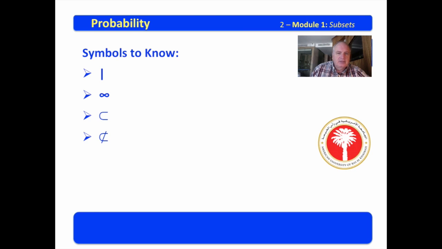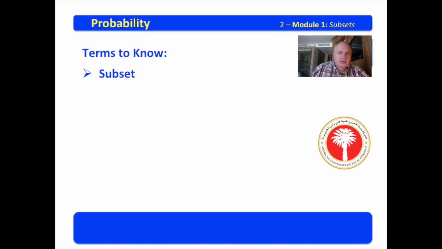This symbol means that it's not a subset. This is for every. This is there exists. This is such that. This is if and only if. And this implies an if-then statement. If this, then that, or this implies the other.